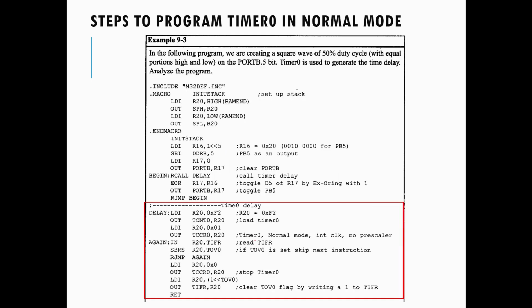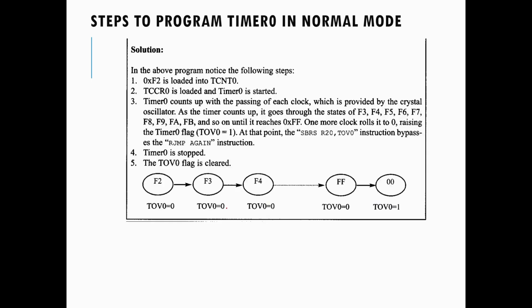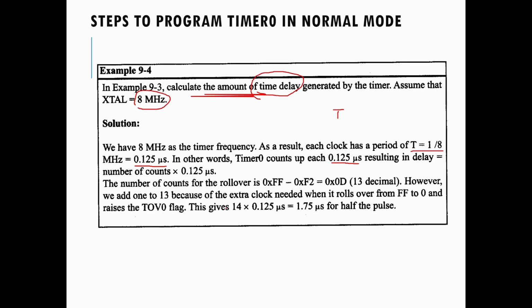From the code, we can see the value of TCNT is 0xF2. This is the value provided in the code.